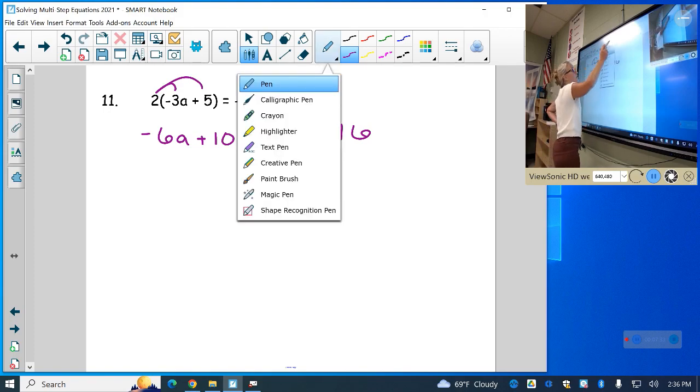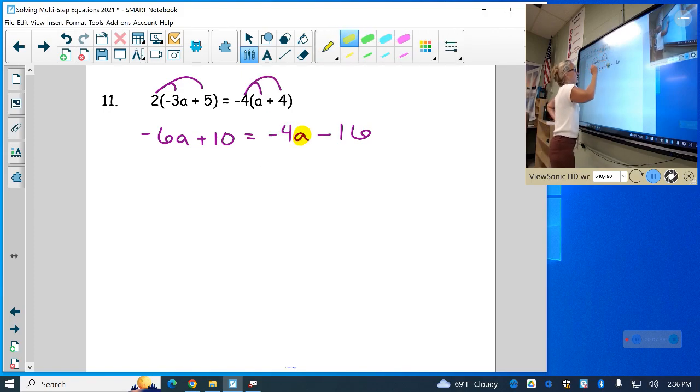Now notice we have an A value on both sides of my equals equation. We have two A's. Since they're like terms, like we talked about earlier, like terms have exactly the same variables and exactly the same exponents, and these do. We can go ahead and combine those. Now I always like to try to get positive numbers, so instead of adding 4A to both sides, I'm going to add 6A so that I can make it a positive number.